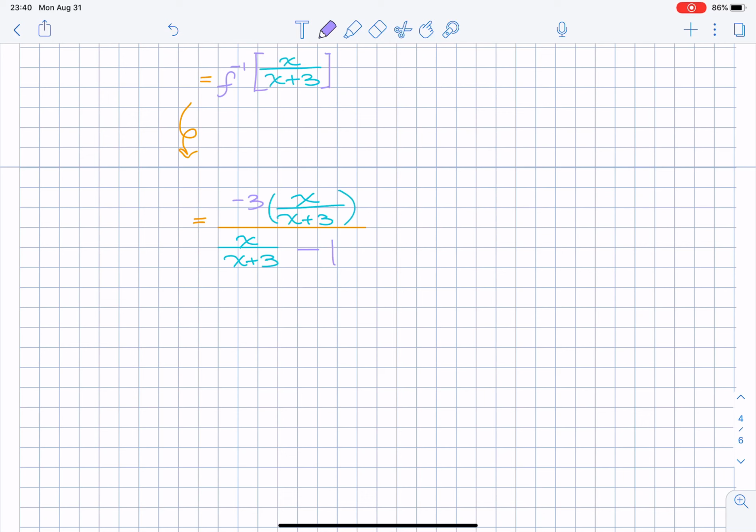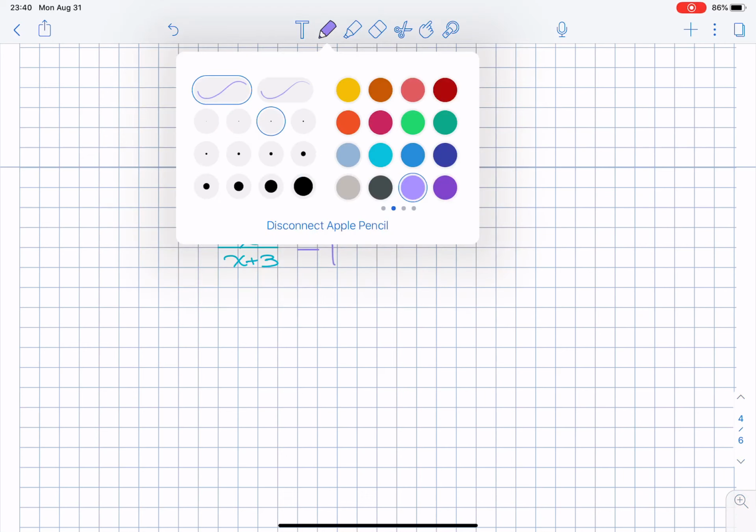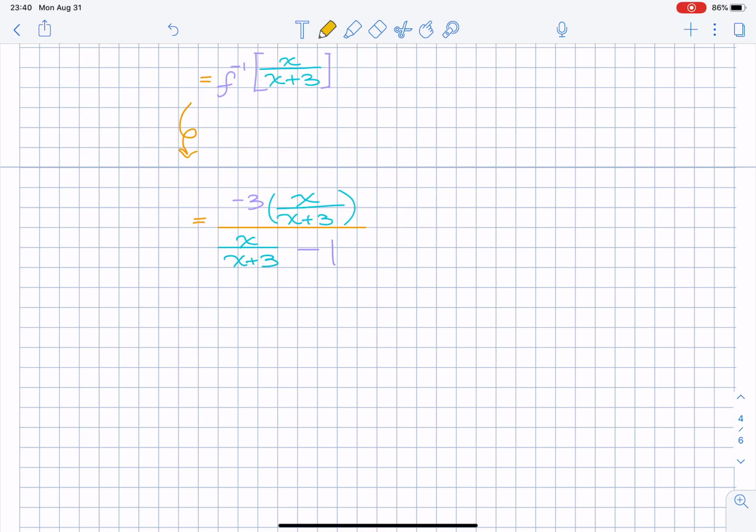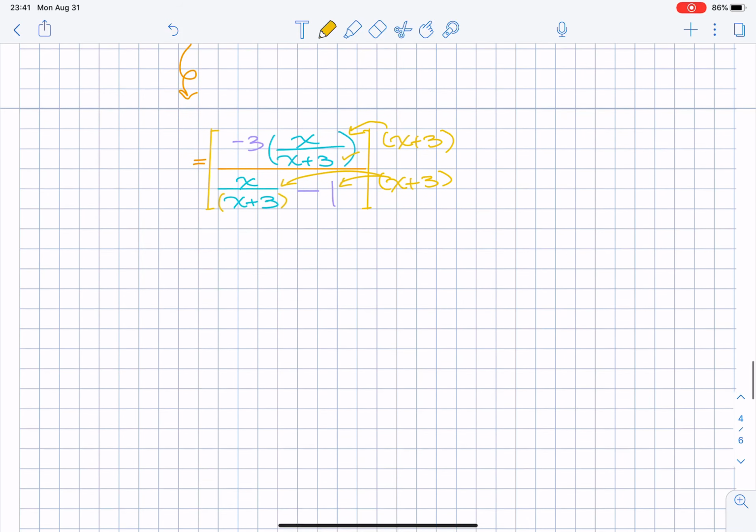Once again, this is a complex fraction, so I'm going to multiply top and bottom by the LCD, which is x plus 3. So x plus 3 in the numerator, x plus 3 in the denominator, so distributing to the only term in the numerator and to both terms in the denominator. It'll only reduce with the first term in the denominator.